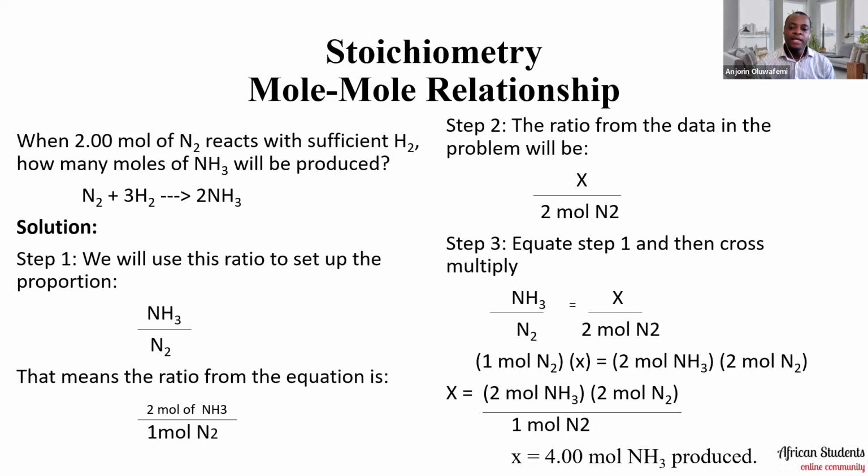So our X, making it the subject of the formula, will be 2 moles of ammonia multiplied by 2 moles of nitrogen, divided by 1 mole of nitrogen. That means our X will be 4 moles of ammonia that will be produced. So we have been able to establish that just using mole.